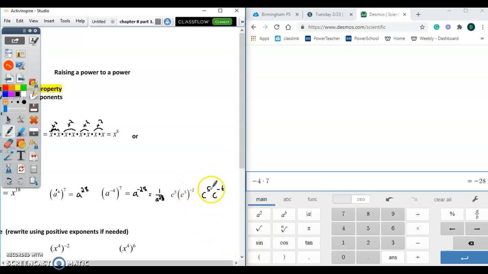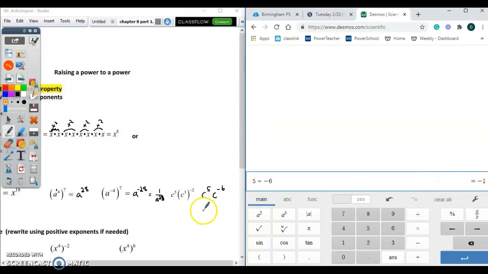Now I have 2 powers that are being multiplied that have the same base. So going back to the previous section, we can add these together. So 5 plus a negative 6, what would that be? Or 5 minus 6, you can think of it that way. 5 plus a negative 6 still gives us negative 1.